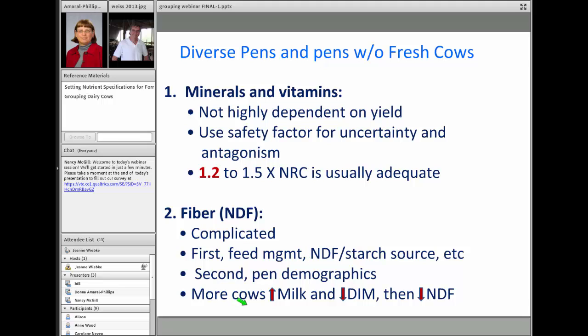But one thing you need to think about is if you have a pen that has a substantial number of fresher cows, not the real fresh cows, but earlier lactation cows with lower days in milk and higher production, I'm going to tend to go on the lower NDF side. Whereas if I have a pen that's heavier on lower producing, later lactation cows, I will increase NDF. But be very careful on NDF, and remember, it's much more important than just pen demographics.